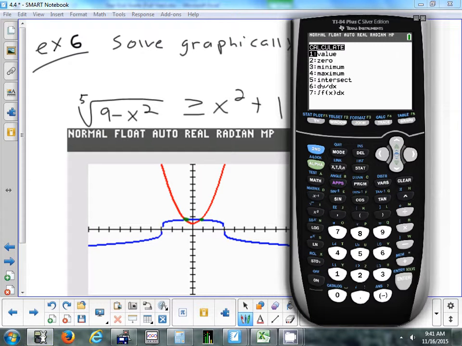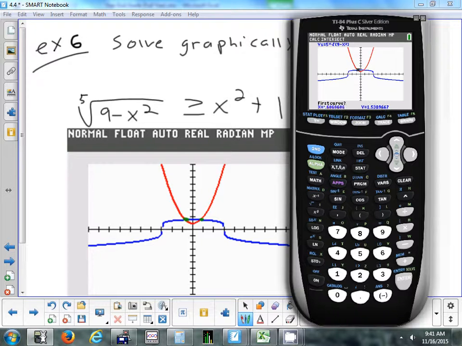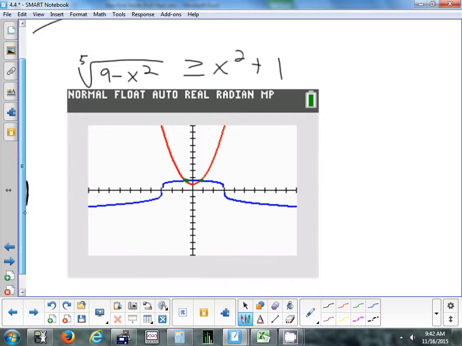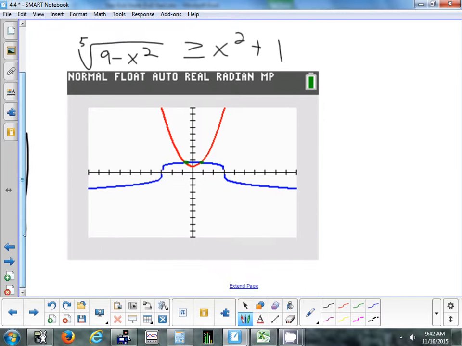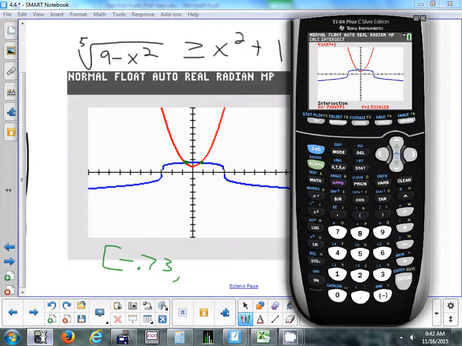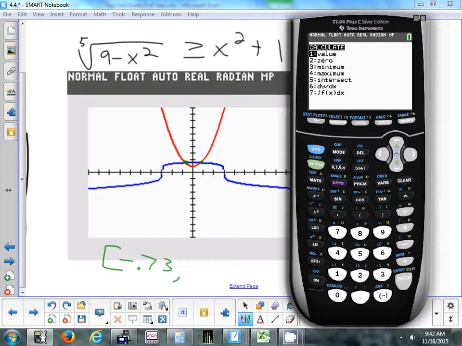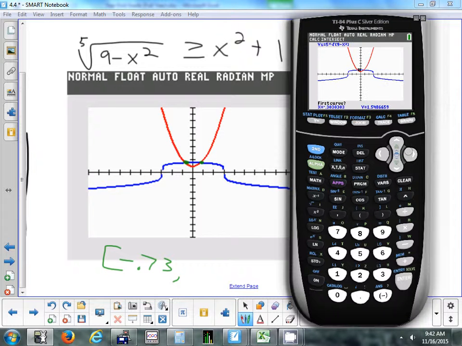So what do I have to do to find these points exactly? Yep, second calc, intersect. Between negative 0.73 and up to, what is it? I need the other x-intercept. 0.73.